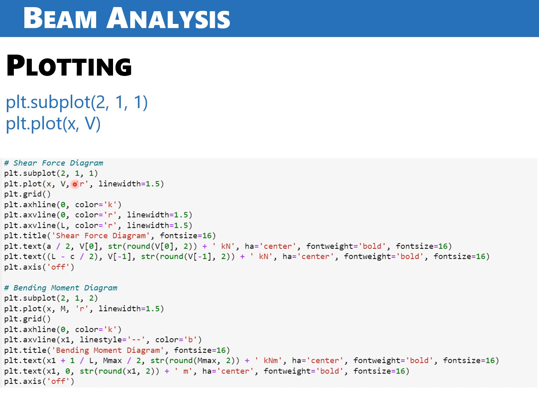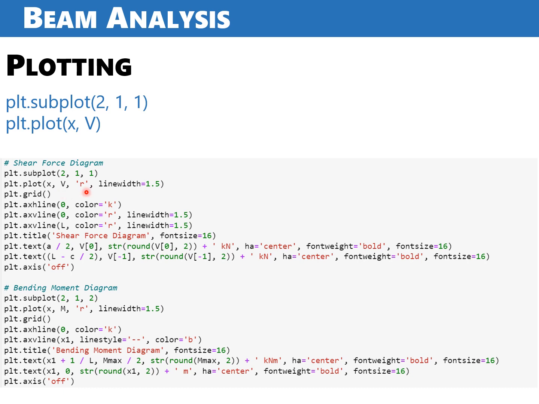Here you can see the same plot command x, v. However, now we have also used r to give this line a red color. Line width is equal to 1.5.